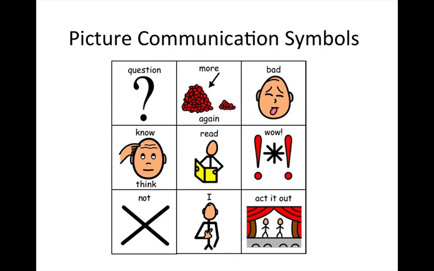Typically, when we talk about communication symbols, people are talking about communication boards that look something like this. When you look at the examples that are provided in this particular communication board, you'll see that the emphasis in these particular choices are much more on commenting and on the individual who's learning being able to ask a question, asking for more, making requests.